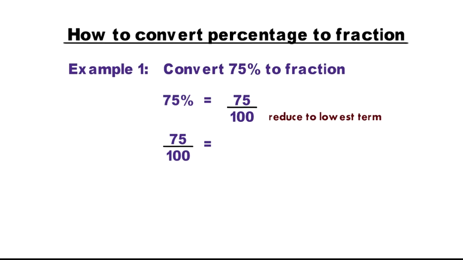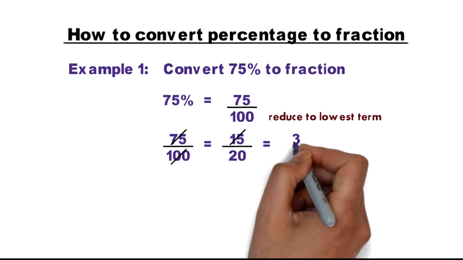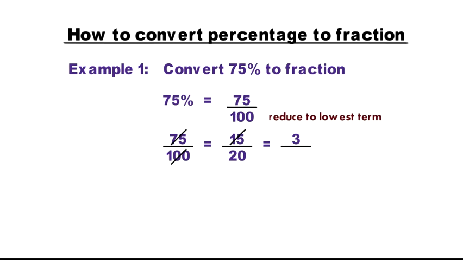So, 5 divides 75 gives us 15, and 5 divides 100 gives us 20. Next, the number 5 can still divide 15 and 20. So, 5 divides 15 gives us 3, and 5 divides 20 gives us 4.